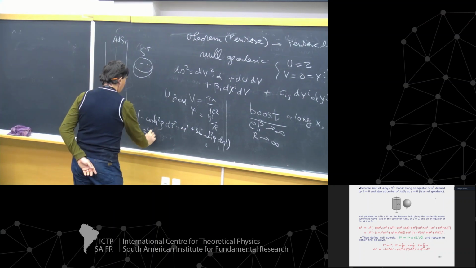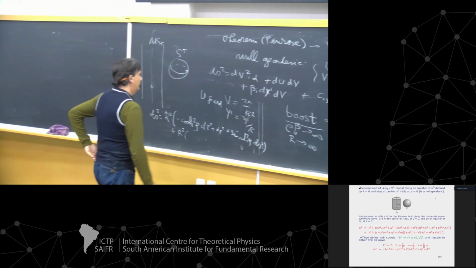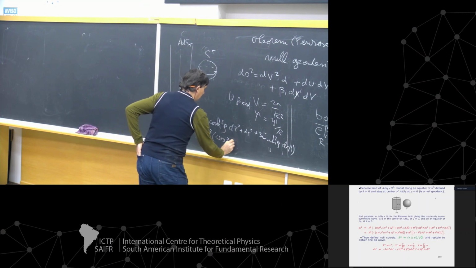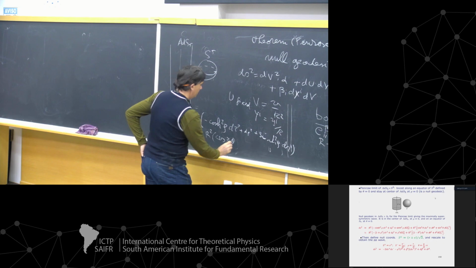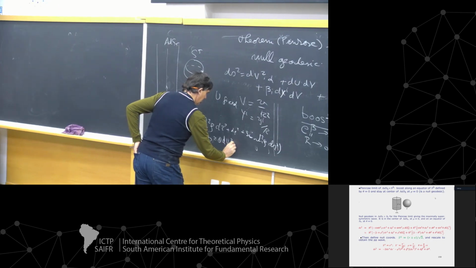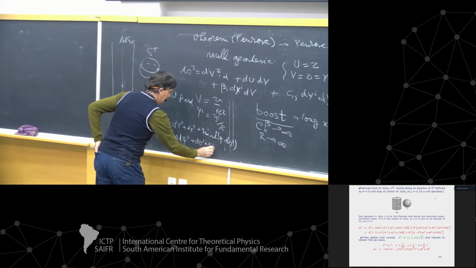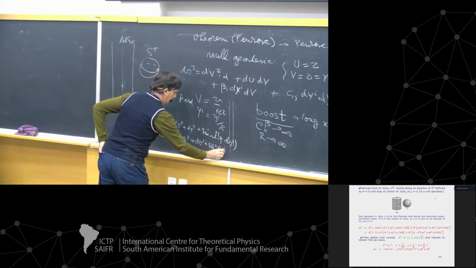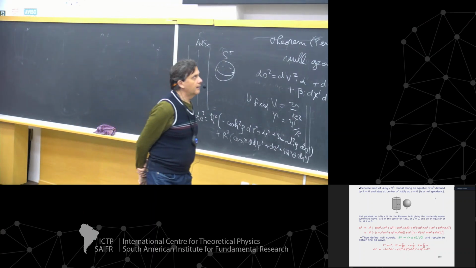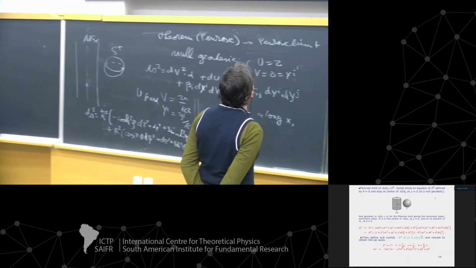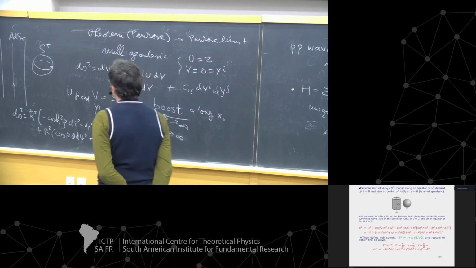And then for S5, I have cos squared theta d psi squared plus d theta squared plus sine squared theta d omega squared. So one considers this metric and then expands along.